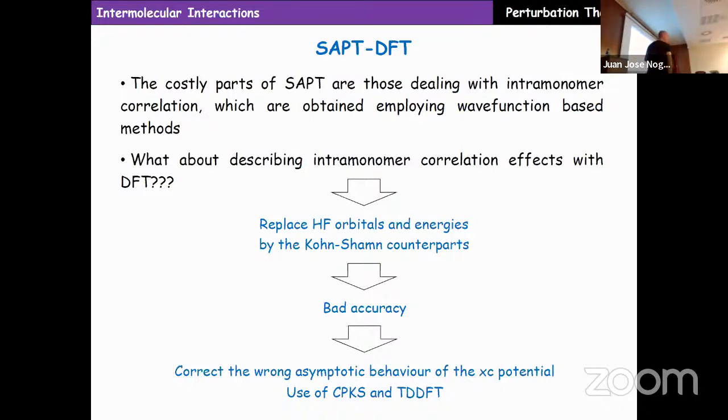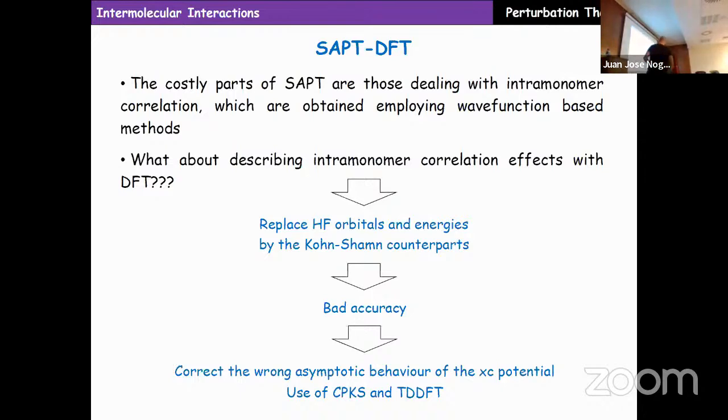So can we use DFT instead of wave function methods, instead of MP2, for example? Because we know that DFT includes intramonomer electron correlation, with some functionals better than others, but they include part of the electron correlation.